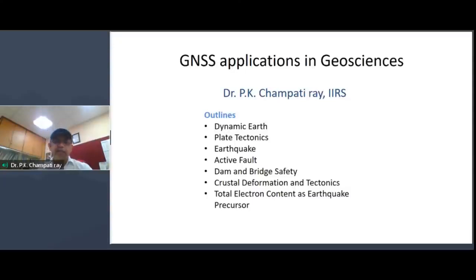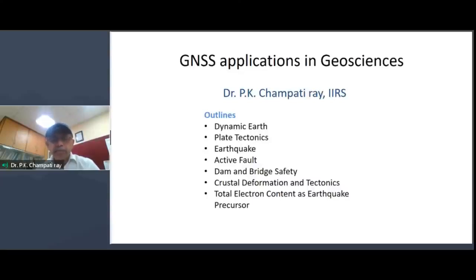So that makes things really interesting, that when everything is moving, it moves at a very slow rate. The velocity could be as low as 4 to 5 millimeter a year, and it can go up to as high as something like 170, 180 millimeter per year. So this movement rate across the globe is different at different places.